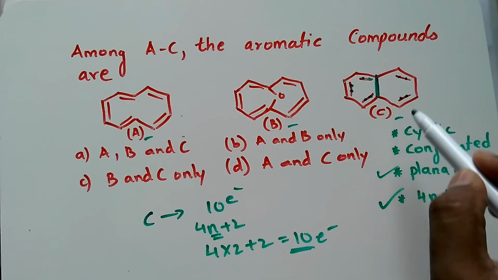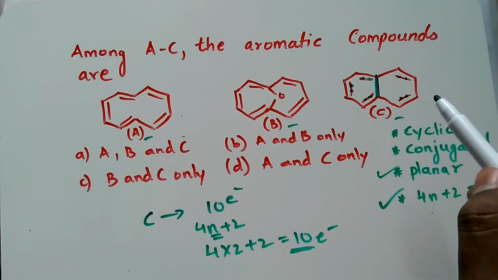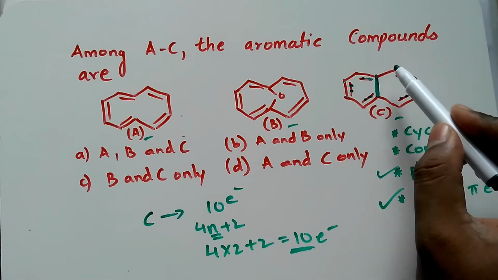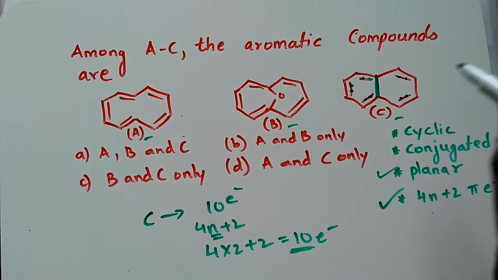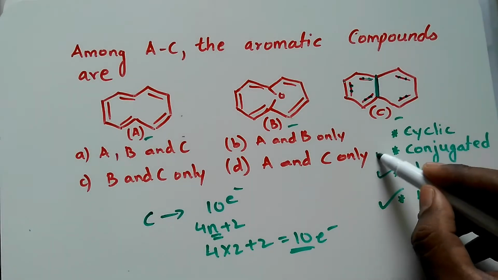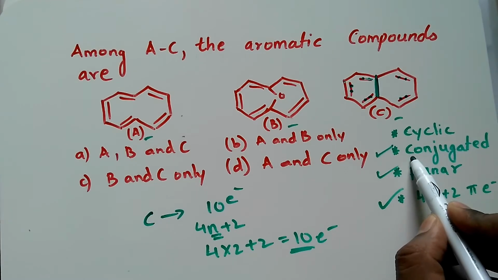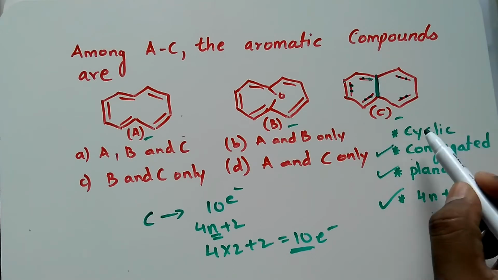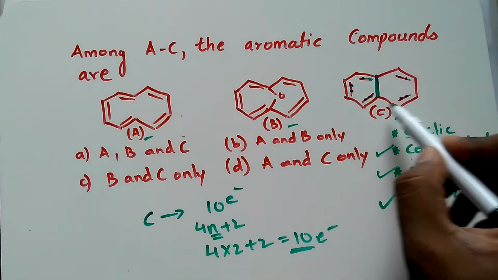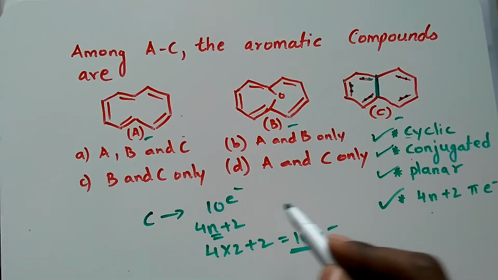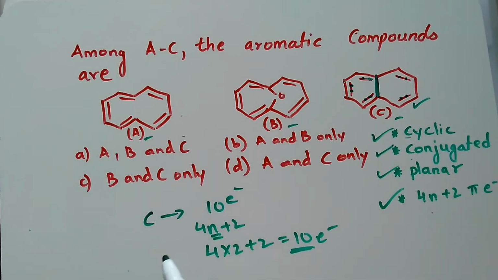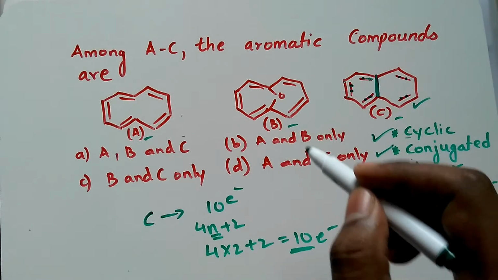You can check my hybridization video if you don't know how to check the hybridization of a particular carbon. All the carbons are sp2 hybridized, so it will be conjugated. Just remember, an sp3 hybridized carbon will not be conjugated. Regarding cyclic, yes, it's a cyclic structure. So all 4 conditions are matching, so this will be aromatic. So C is aromatic.